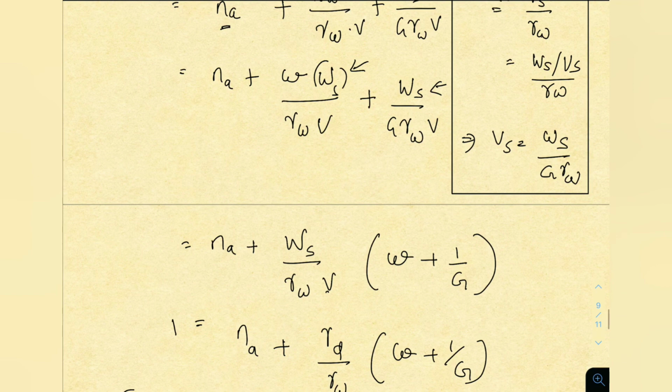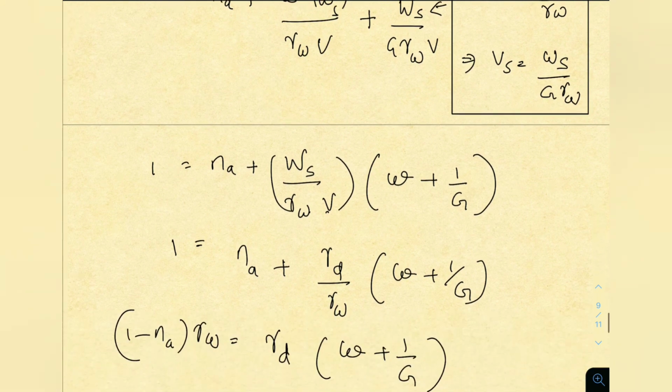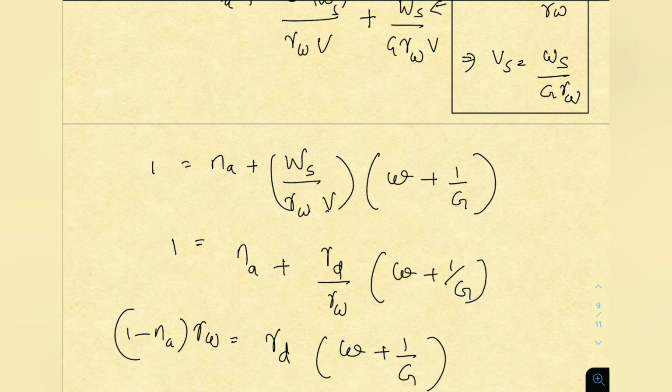So 1 is equal to na plus Ws by V into gamma W, that will be common, so that we take outside, into (w plus 1 by G). So we get Ws by V is equal to gamma d. So we write gamma d by gamma W into (w plus 1 by G).